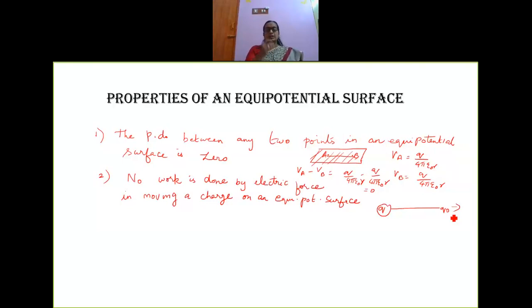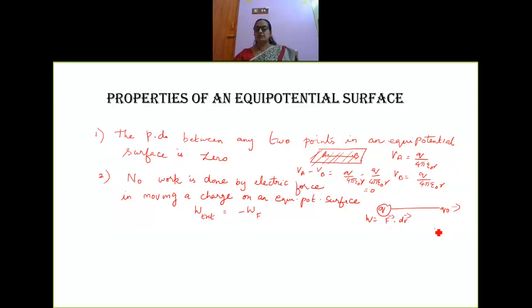So, we have already read in our last topic, the work done by the external force should be equal to the negative of the force that is existing between the two charges. Now, what is the work done? Work done is given as F dot dr.